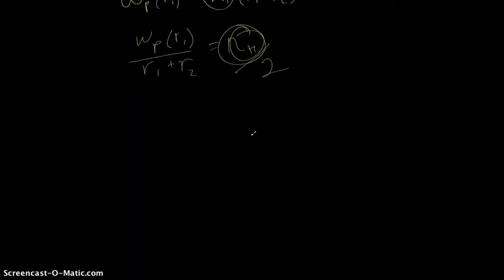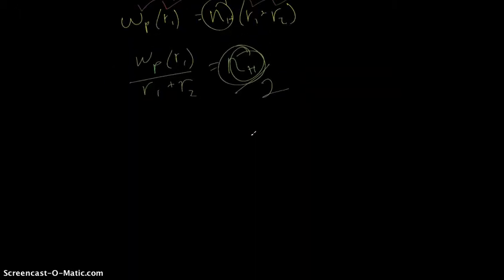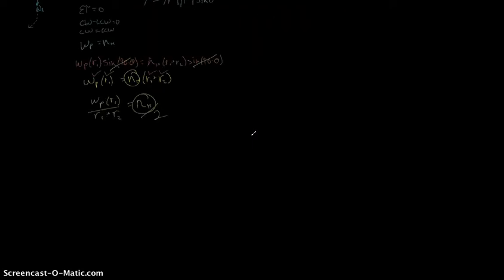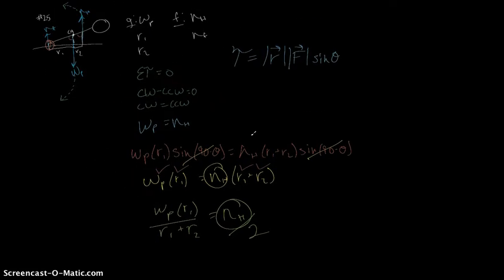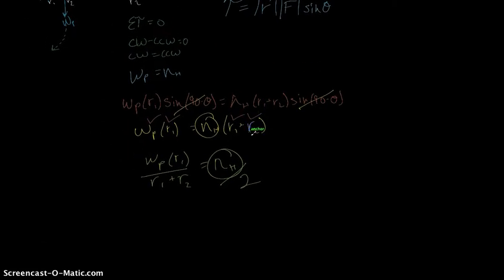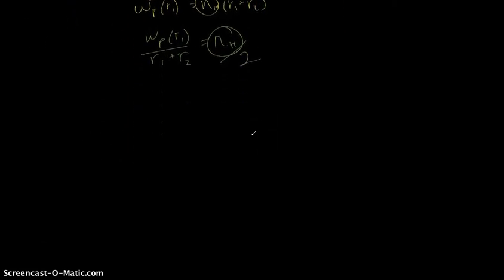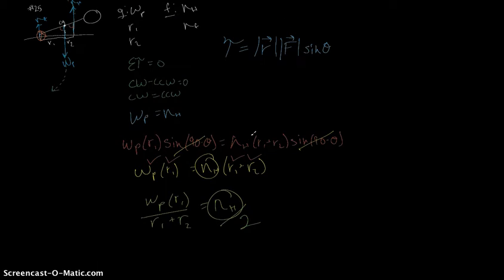The easiest way to do this is really just sum of the forces. By now, we really just have these three forces, so we're going to add them up in the y direction.